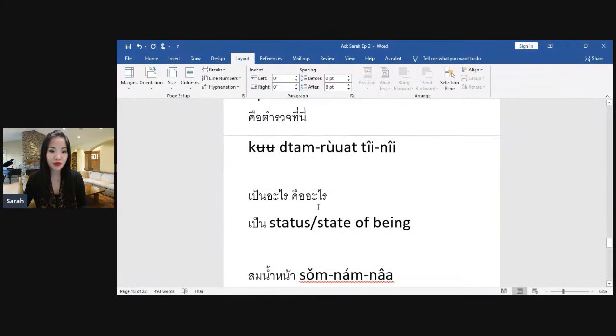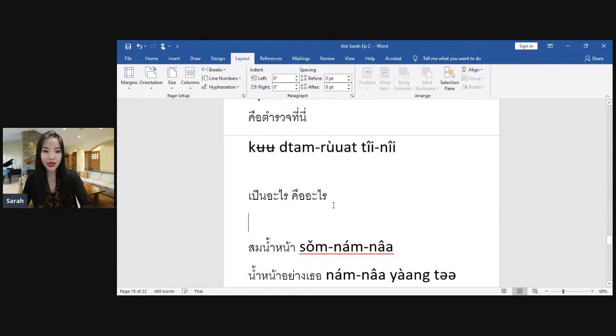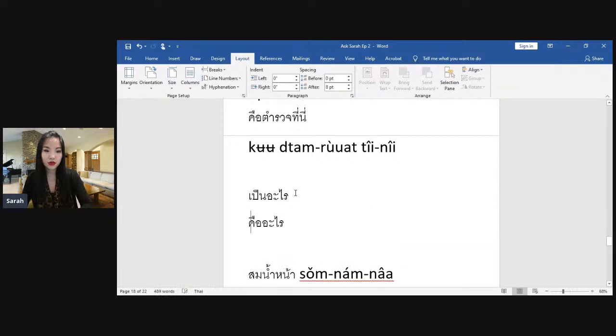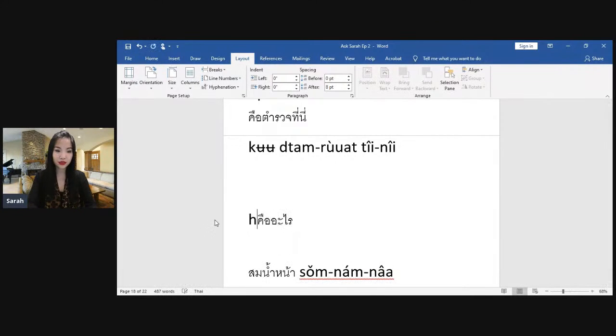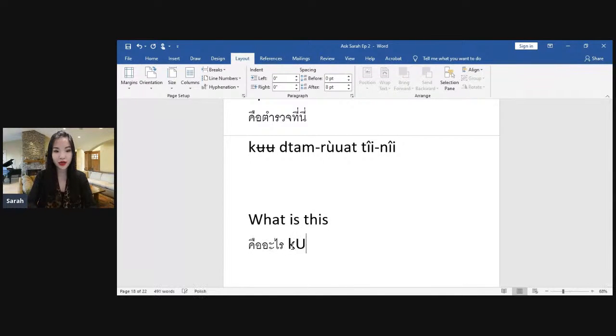Okay, let's talk about เป็นอะไร and คืออะไร for a little bit. So what is this? คืออะไร. What is this? นี่คืออะไร. This, นี่.